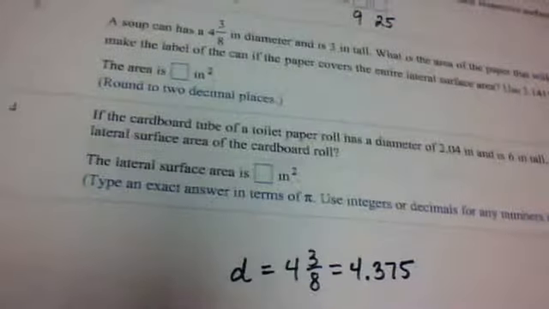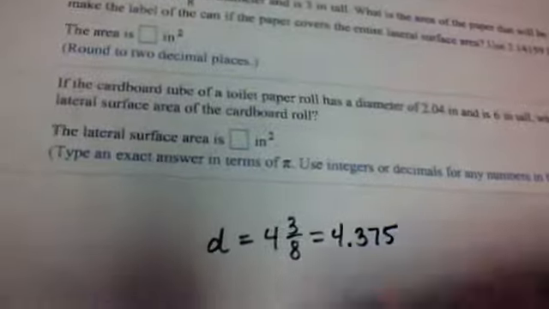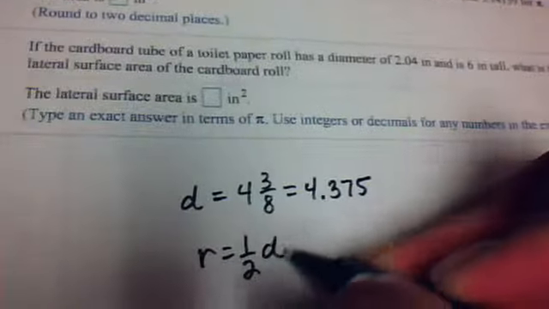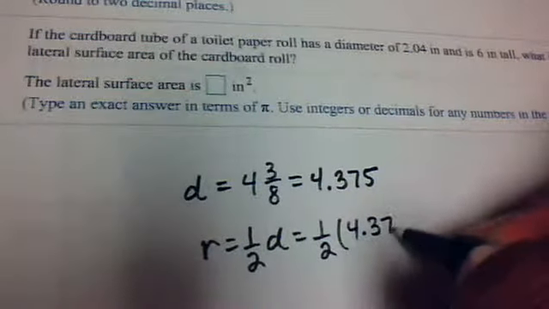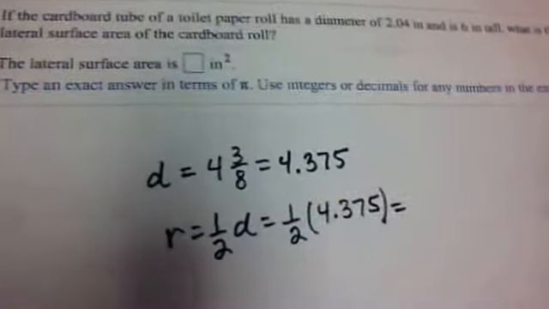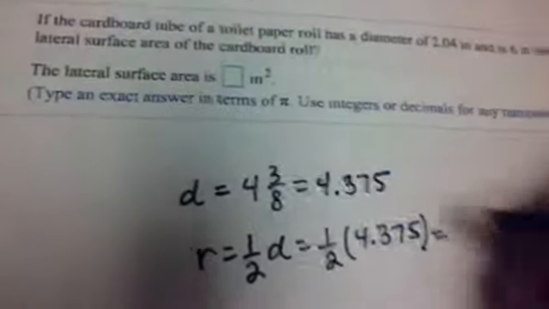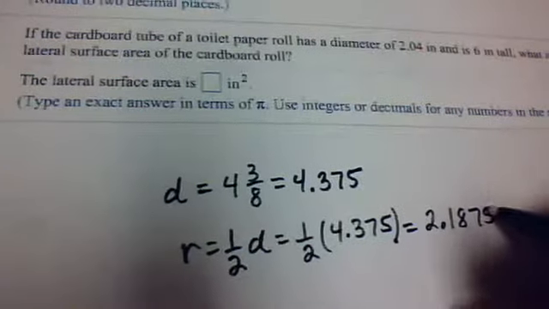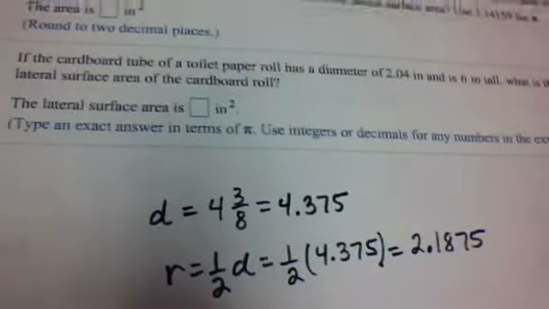Now if we're going to use the formula for the lateral surface area of a cylinder, we have to find out what the radius is, which is always 1/2 the diameter, and in this case our diameter is 4.375. So if you take half of that, you'll get 2.1875. So that 2.1875 represents the radius.